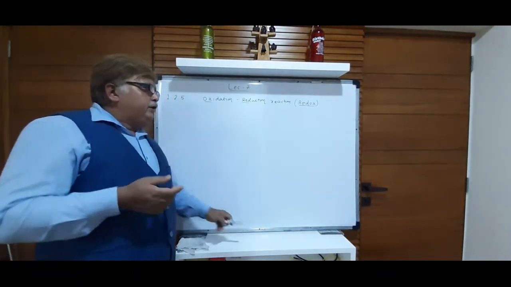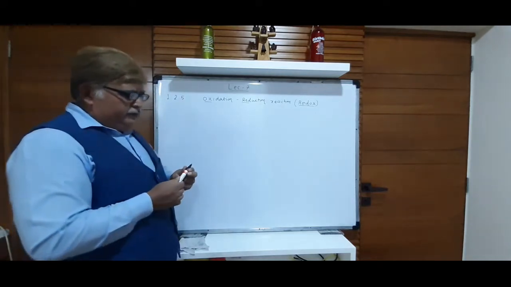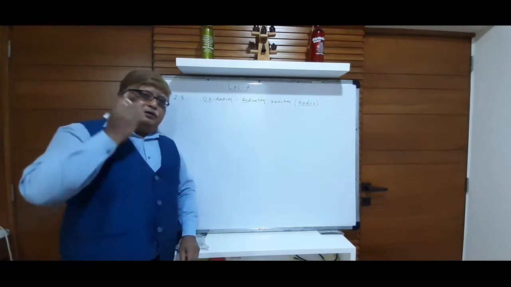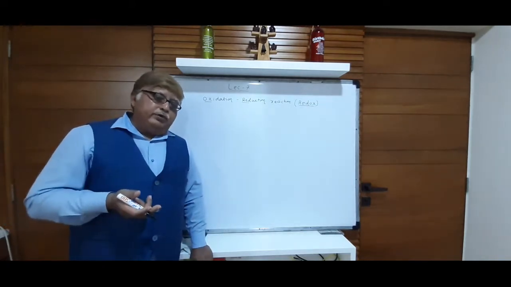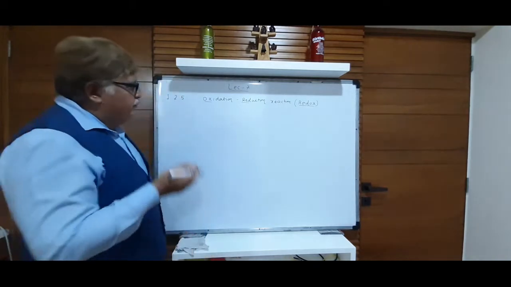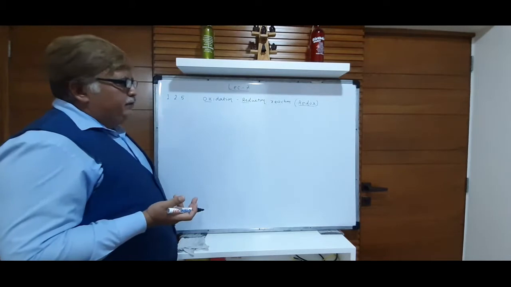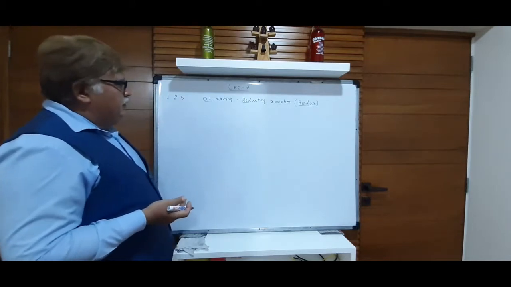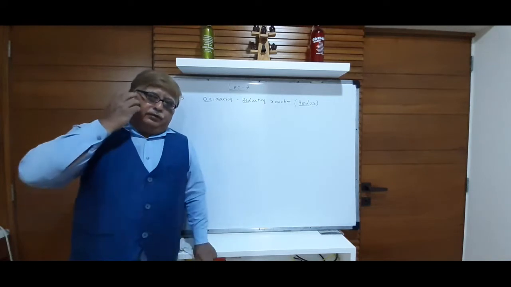Just take an example, as there are so many reactions where oxidation and reduction can be studied. I will speak about them later on, but first now let us understand it by activity. Understood? They have given in textbook in the form of activity.